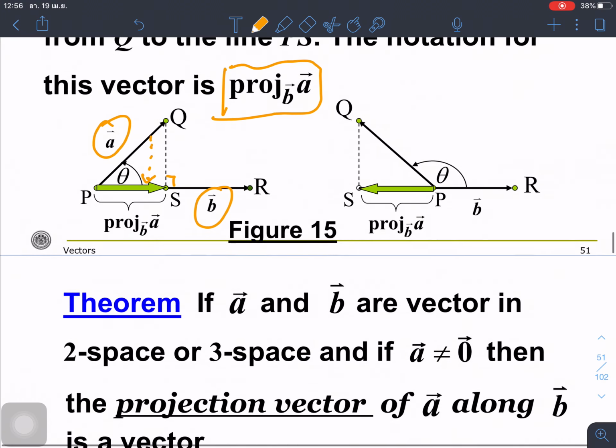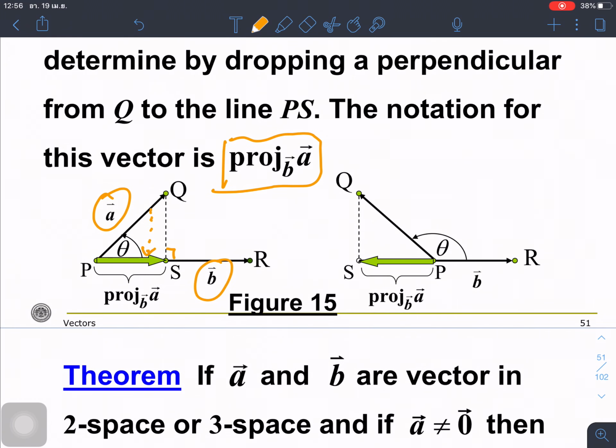Okay, let me explain from here. We know the scalar already, which is the length of PS, but you want to find a vector. If you want to find a vector, you need direction, right? The direction of PS is the same direction as B, right? But if you just multiply it by B, you get the direction of B, but also the length of B. Then you're not going to get PS, but something bigger or smaller.